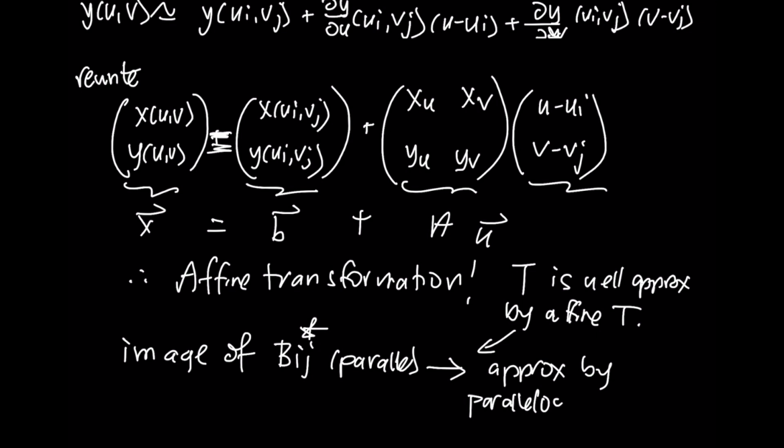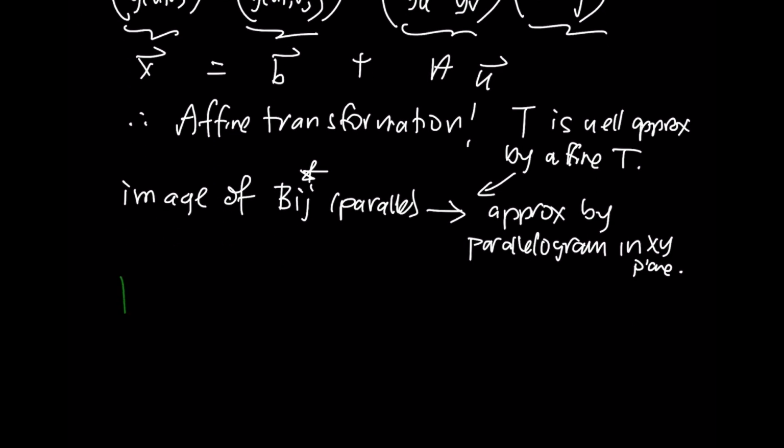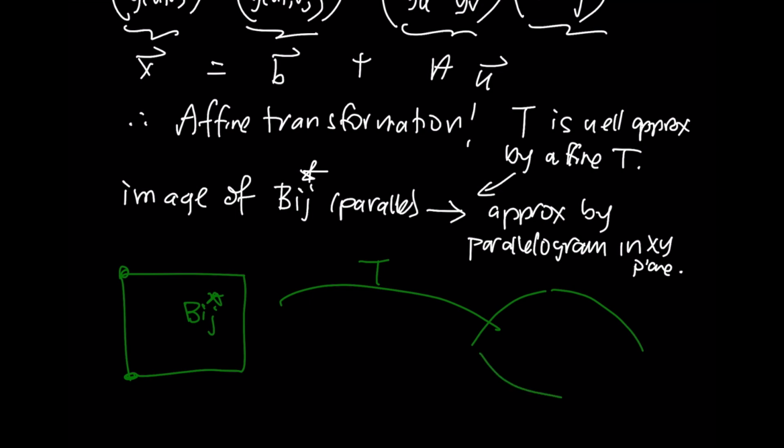And if we want to try to visualize this, this is saying that if we were to take this box Bij star and apply the transformation to it, yes, we might get some strange patch like this. We could replace it with a parallelogram. The error in using the parallelogram wouldn't be that bad. It'd be a good approximation to the box.